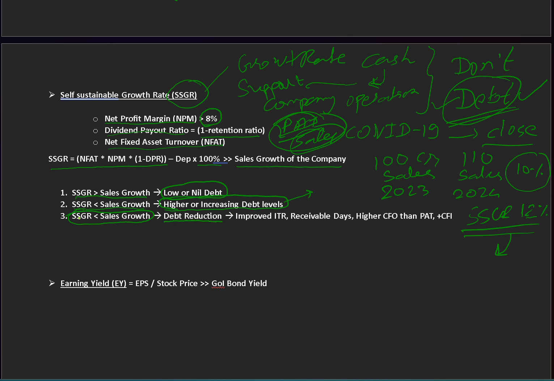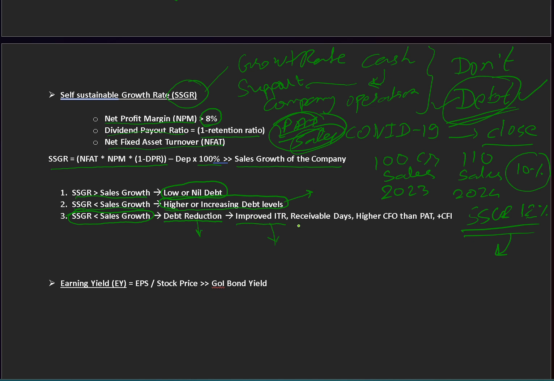And third is SSGR less than sales growth and debt is reducing. Why? Because SSGR is funding some of the sales and also it is paying for the debt. So debt is reducing, and it also improves the interest turnover ratio. This is also a sign that you can see in any company's interest turnover ratio, where SSGR is maybe less than sales growth, but since the debt is reducing, the ITR is improved.